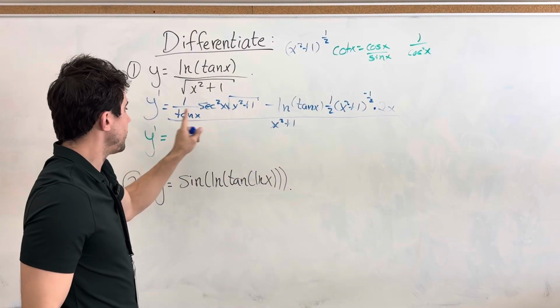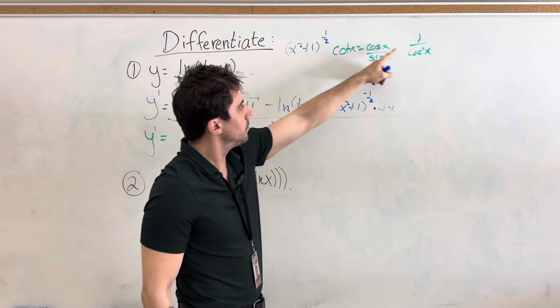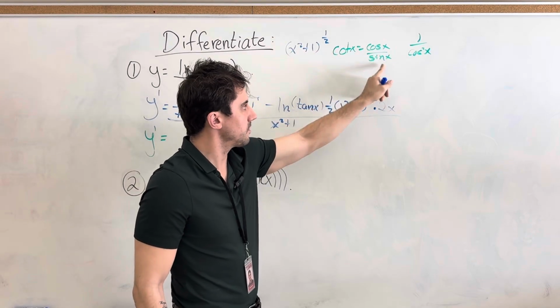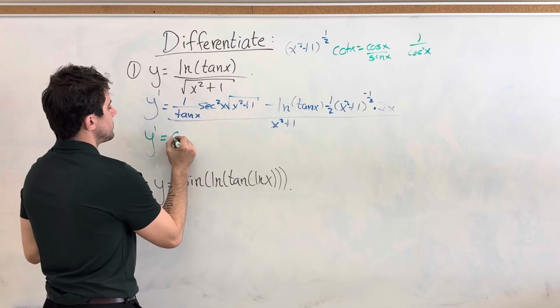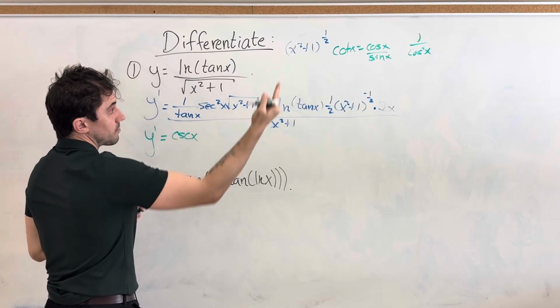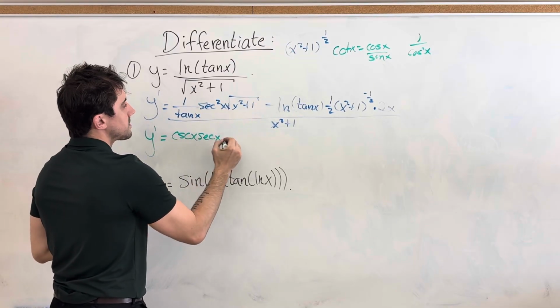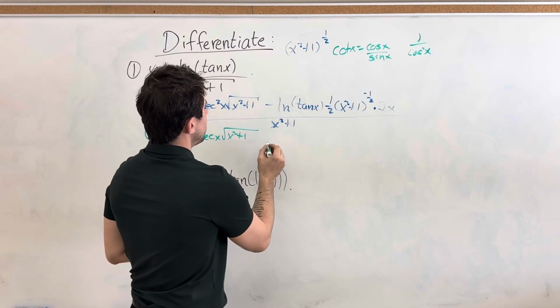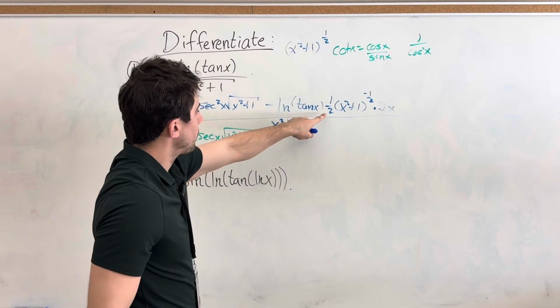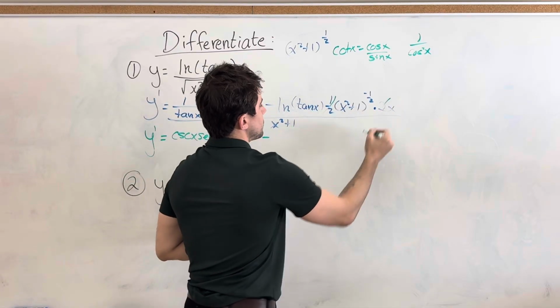And so what we have here in this product is one of the cos is going to cancel. So we'll have 1 over sine times 1 over cos. And so we could write that as 1 over sine is cosecant x, and then the remaining 1 over cos is secant x times that square root of x squared plus 1 minus, now the 1/2 and the 2, you can see those will cancel.